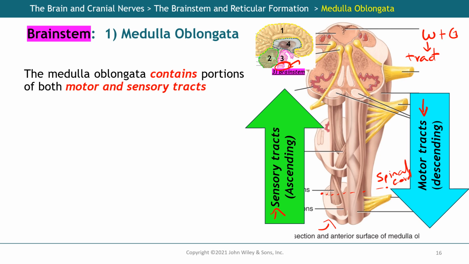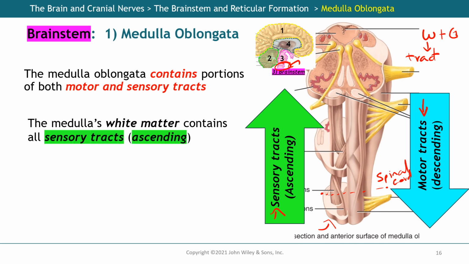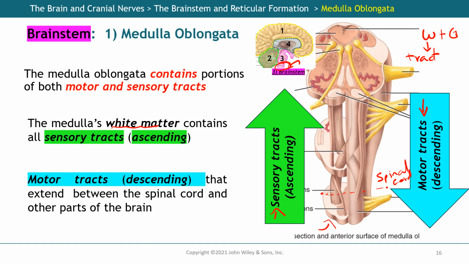The sensory tracks, as we talked about in the previous slide, are formed of white matter, and they are ascending, while the motor tracks are also formed of white matter, but they are descending and they extend between the spinal cord and other parts of the brain.